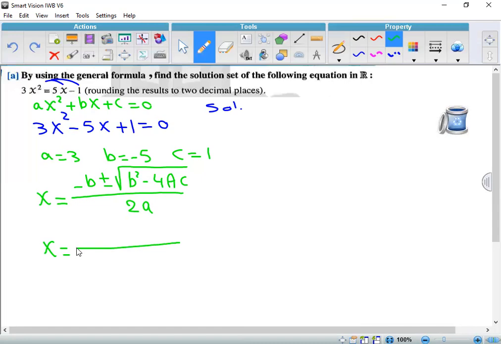Negative b must be 5, positive or negative, square root of b power 2, negative 5 power 2 is 25, minus 4 times a equals 3 times c equals 1, over 2 times 3.